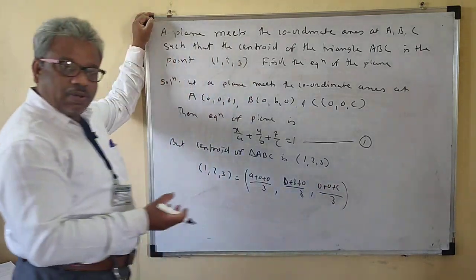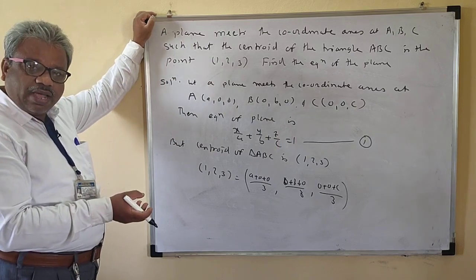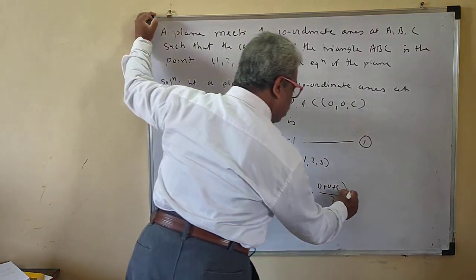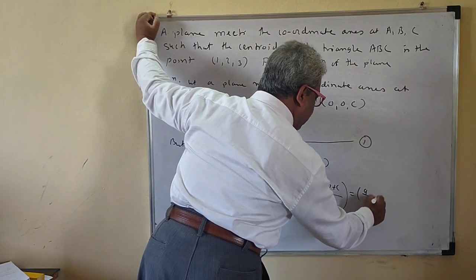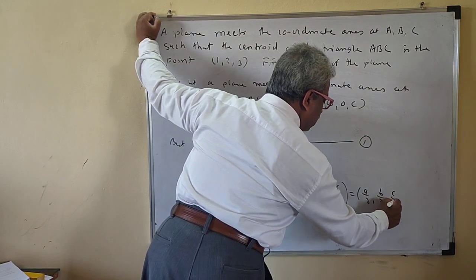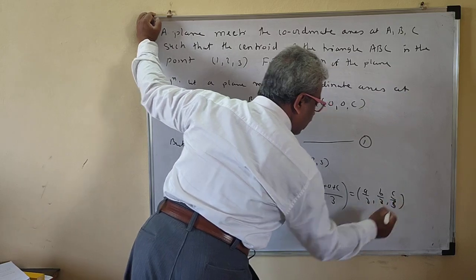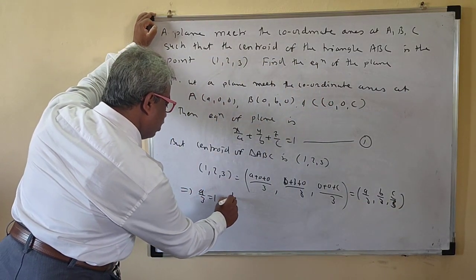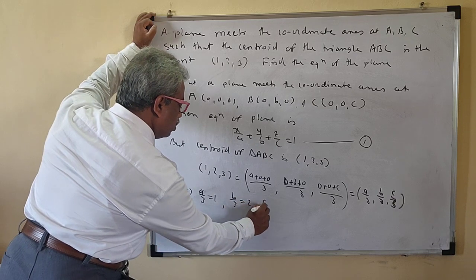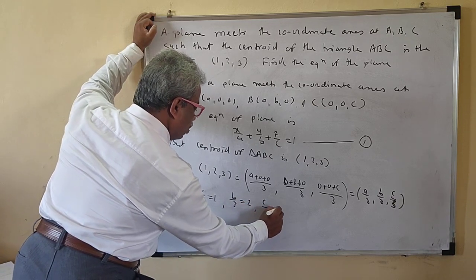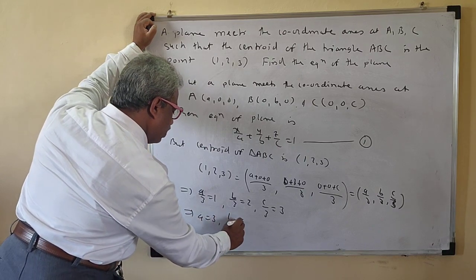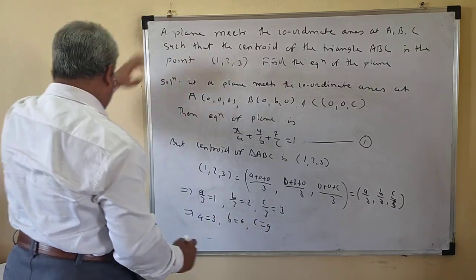So this is a by 3, b by 3, c by 3. So a by 3 is equal to 1, b by 3 is equal to 2, c by 3 is equal to 3. So a is equal to 3, b is equal to 6, c is equal to 9.